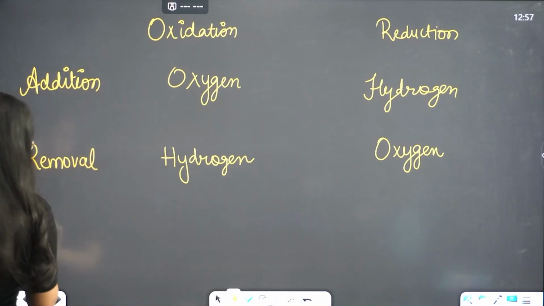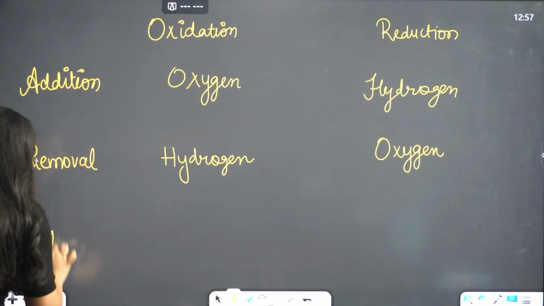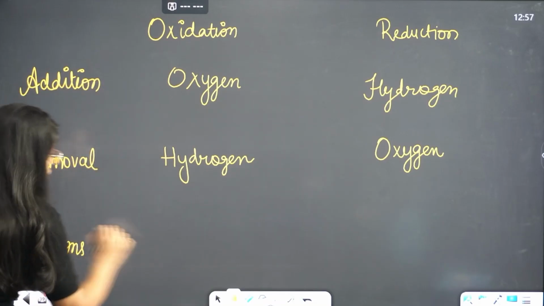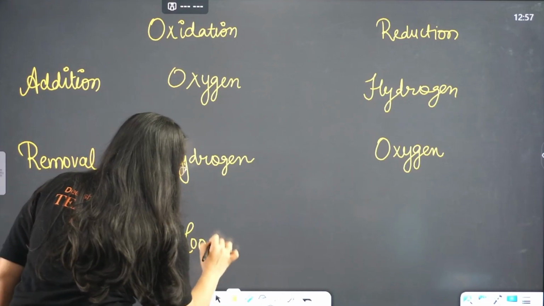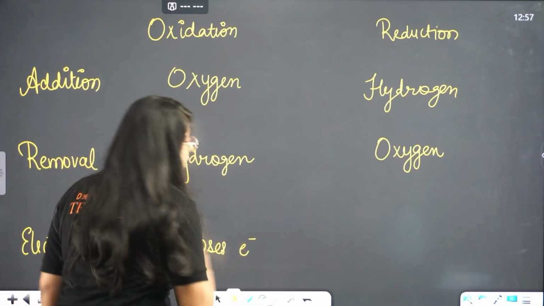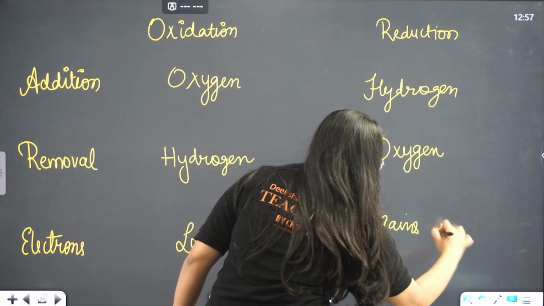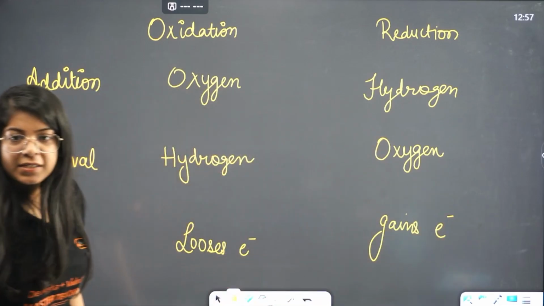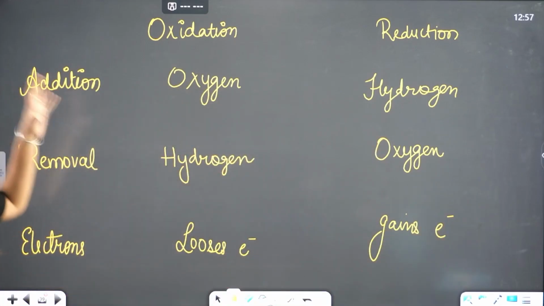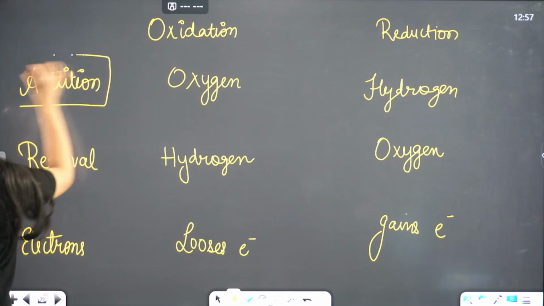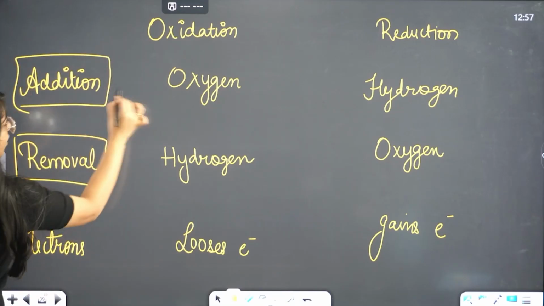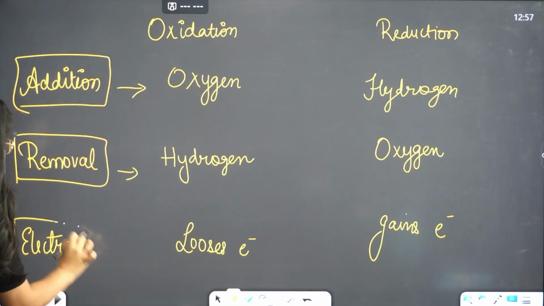Understood? Then electrons. For oxidation, it loses electrons. And for reduction, it gains electrons. Understand? This will be a little bit more clear.